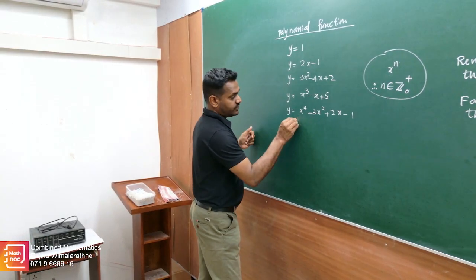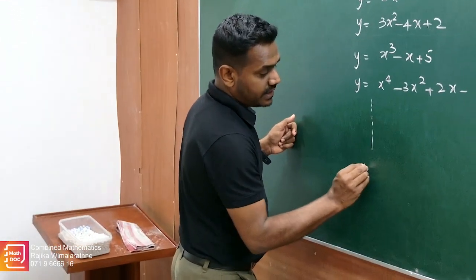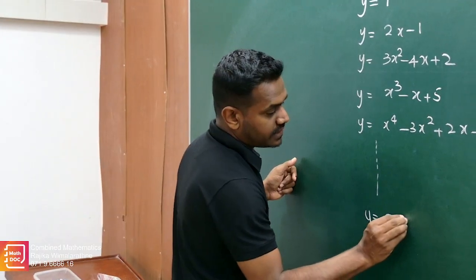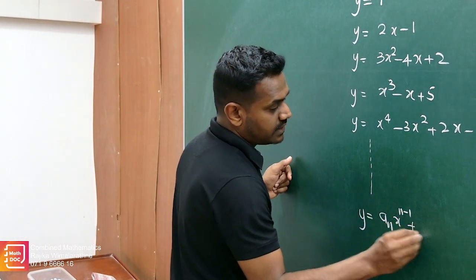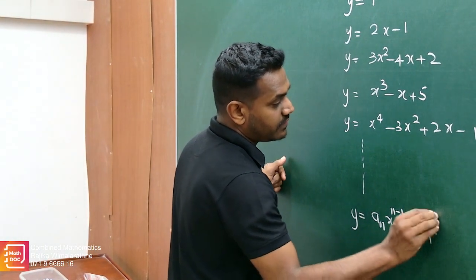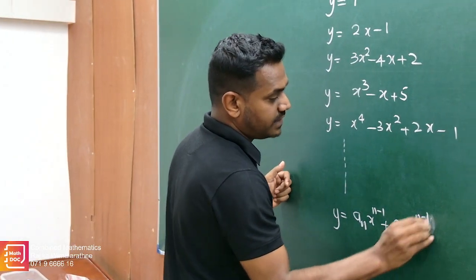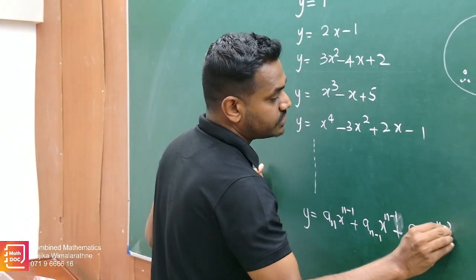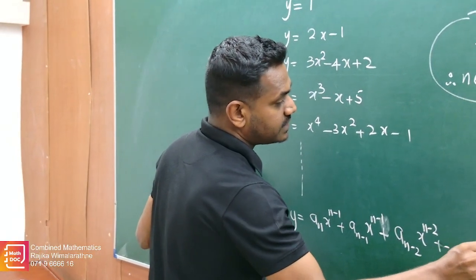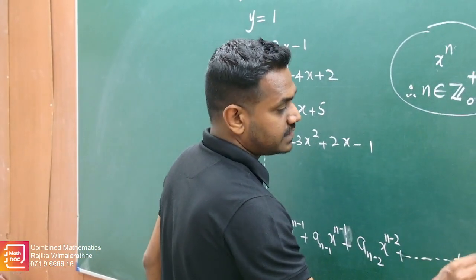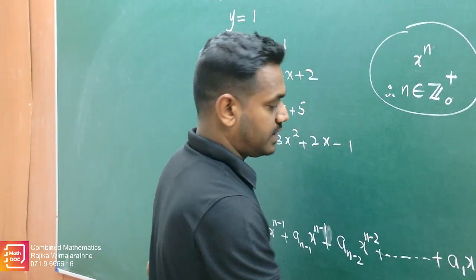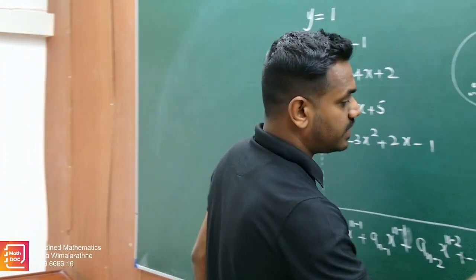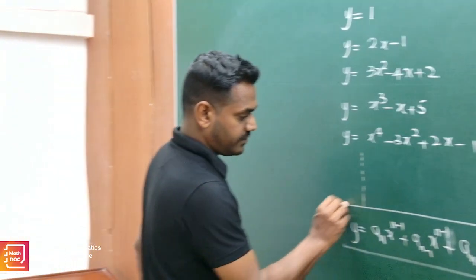Further, generally we write y equals a_n x to the power n, plus a_(n-1) x to the power n minus 1, plus a_(n-2) x to the power n minus 2, and likewise, down to a_1 x plus a_0. This is the general form of a polynomial function.